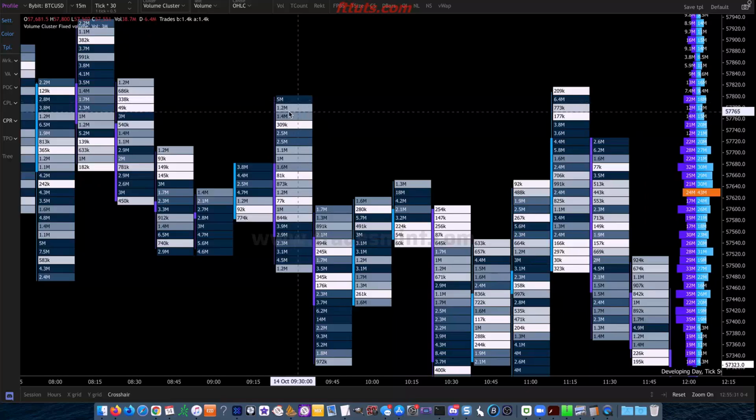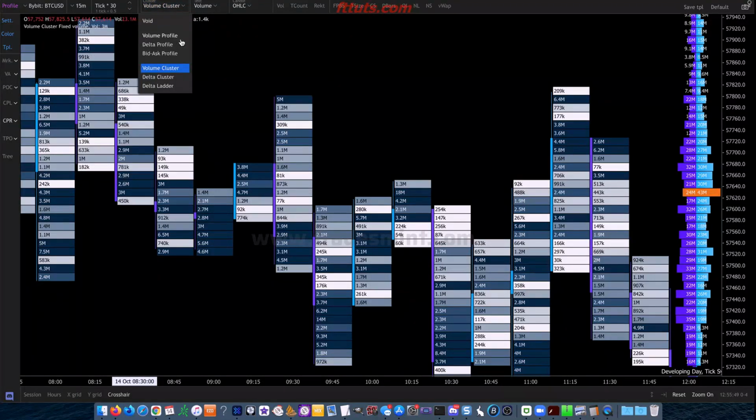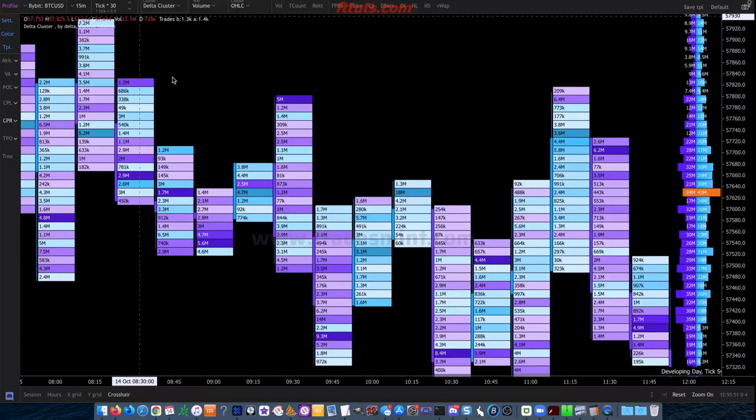So for example, when we're looking at the volume cluster, we can see that when the volume was higher, the bar here is darker, and when the volume was less, it's lighter. So it's a nice visual to tell you how much volume was coming in at any specific price during this candle. Okay, now I like to use delta clusters.